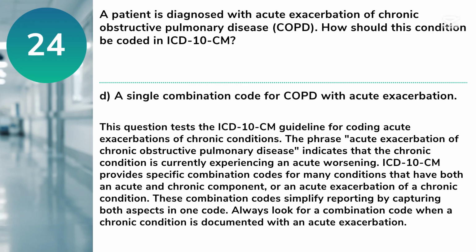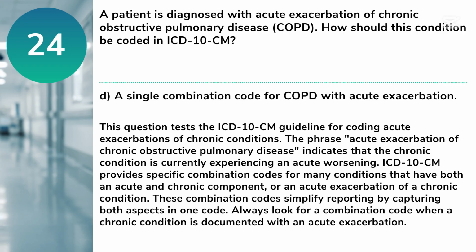Answer: D. A single combination code for COPD with acute exacerbation. This question tests the ICD-10-CM guideline for coding acute exacerbations of chronic conditions. The phrase acute exacerbation of chronic obstructive pulmonary disease indicates that the chronic condition is currently experiencing an acute worsening.